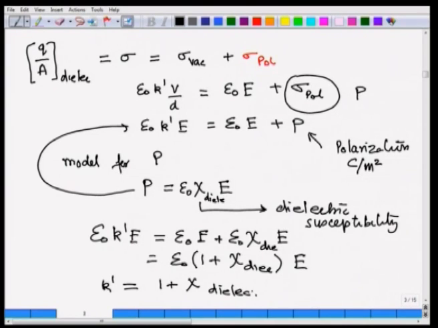So that is what this quantity is, the dielectric constant of a material. This is something you had known very well.